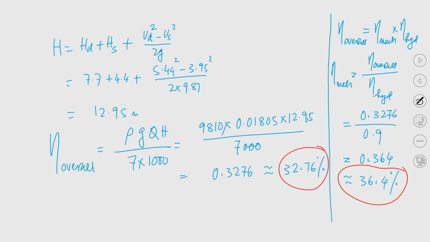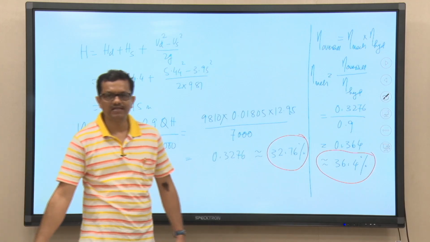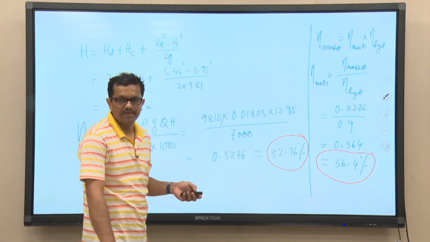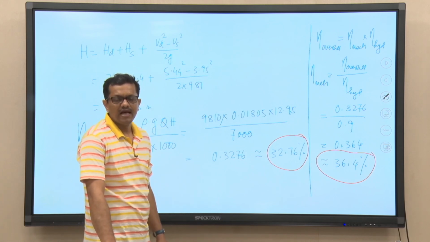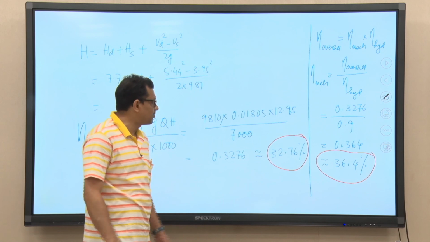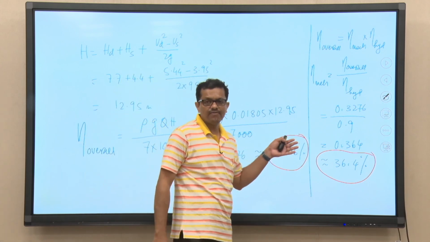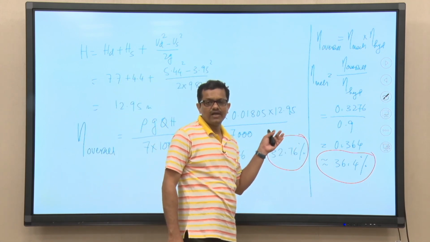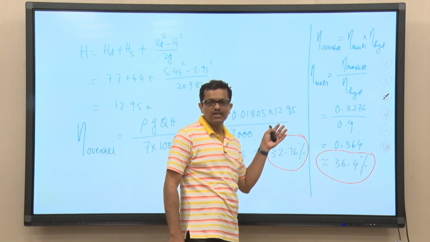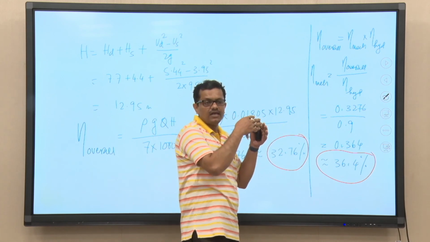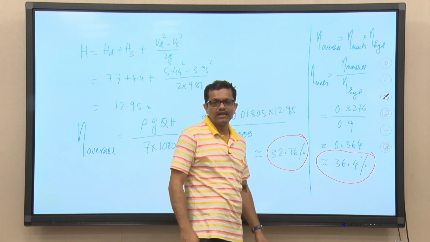Basically, our objective was to calculate the overall efficiency and mechanical efficiency from the data given in this problem. What we have understood by solving this problem is that we also need to recall the different relations between different efficiencies.